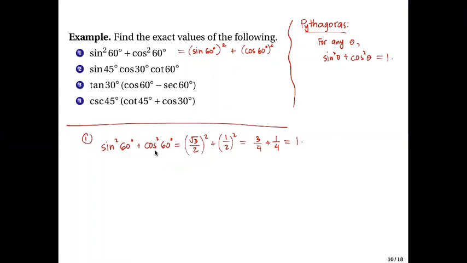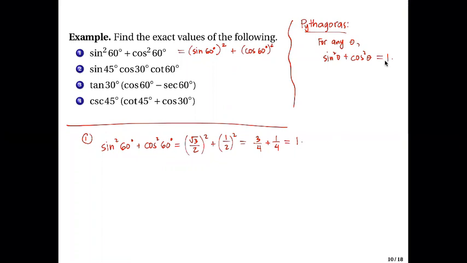Whatever your angle is, or whatever your real number is, the square of sine of that plus the square of cosine of that is always equal to 1.